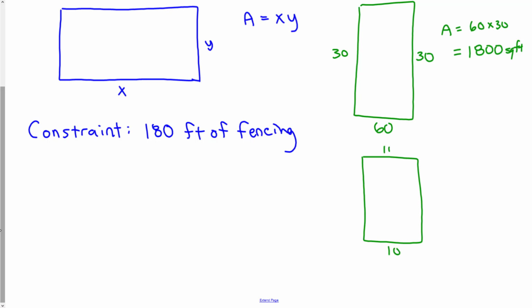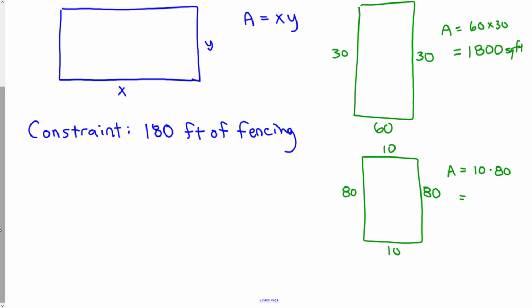That takes up 20 feet of fencing so far, which leaves me 160 left, so that would be 80 feet for each of the remaining sides, so the total here would be 180 feet. If that's the case, this area would be 10 times 80.